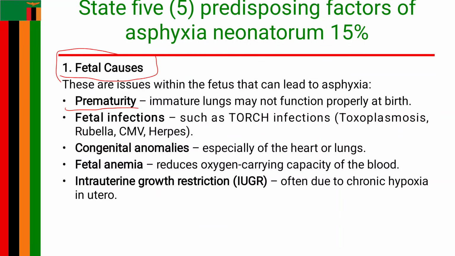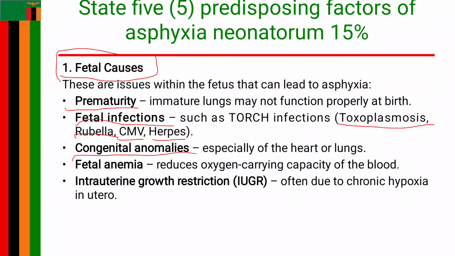Hence, prematurity may easily lead to asphyxia. Apart from that, fetal infections, where the baby is born with infections like toxoplasmosis, rubella, cytomegalovirus infection, herpes simplex virus. All these infections may affect the baby's ability to breathe, resulting in asphyxia.